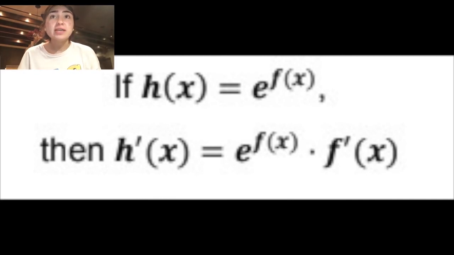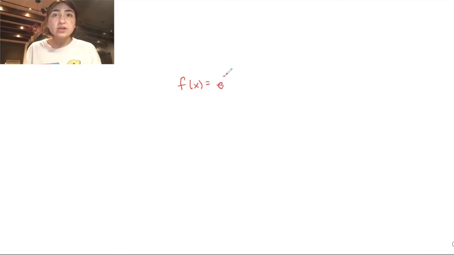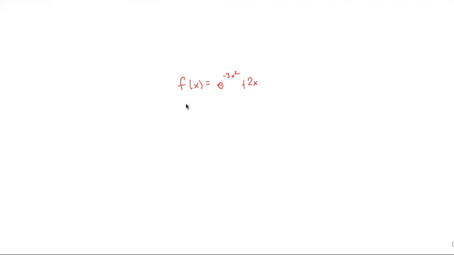So I will be explaining how to find the derivative with the exponential rule, which is this one. So let's start solving this problem. First, f(x) equals e to the power of negative 3x squared plus 2x.